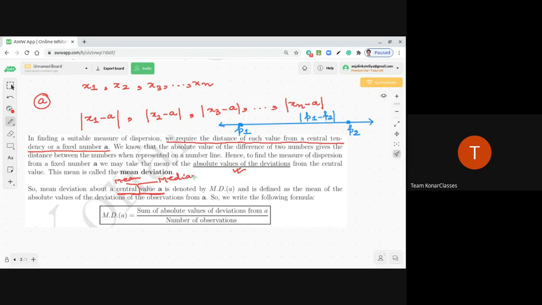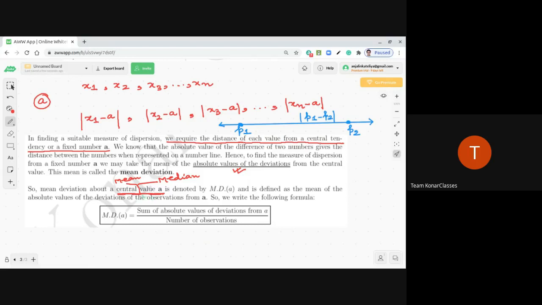So dear students, you find that while we are finding the different methods of measures of dispersion, the central tendency methods, like mean and median, are also helping us. How? You will know after some time.